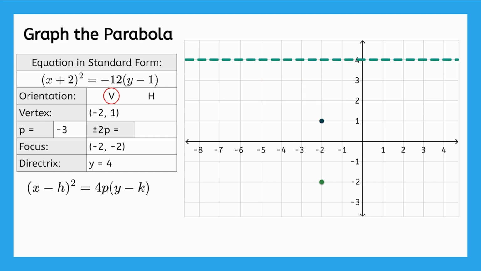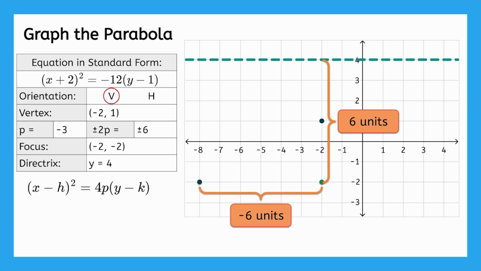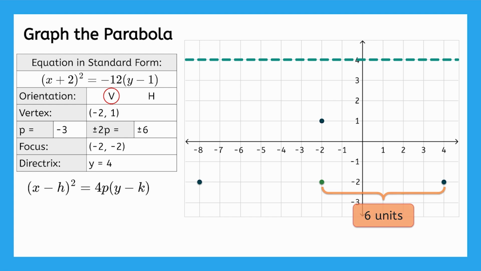What comes next? Remember, 2p helps us find 2 more points. 2p is -6, but we can think in terms of plus or minus 2p to plot 2 more points. From the focus, we can count 6 units left, or -6 units, and 6 units right to plot those 2 additional points.